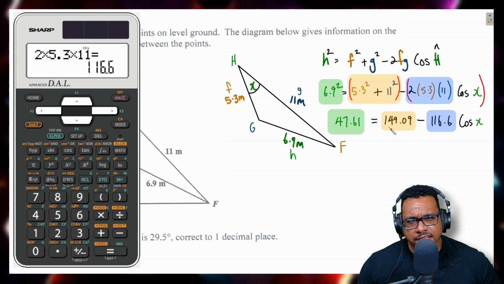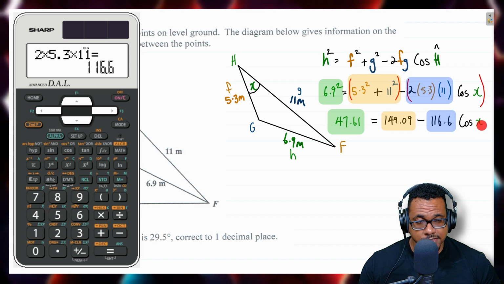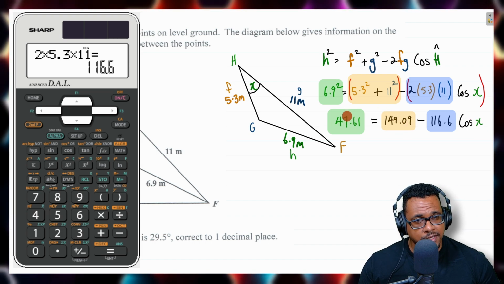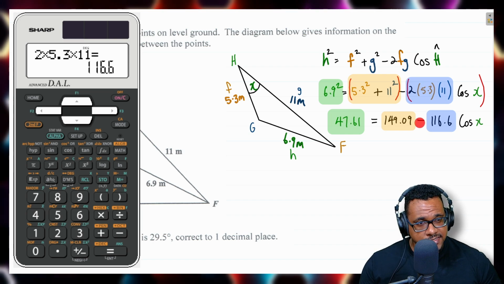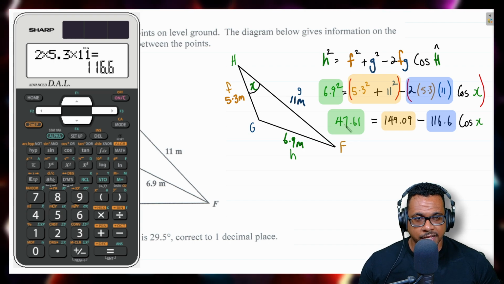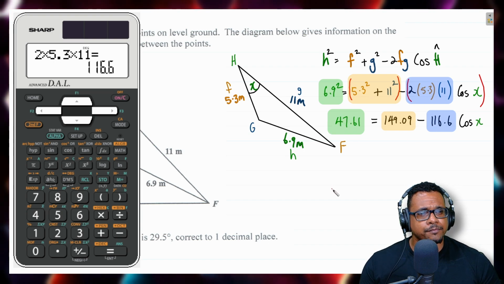So now these two terms are not like terms, so you can't subtract these two numbers because this 116.6 has been multiplied by the cosine x. So what you have to do is transfer this across. Since this is negative, I could transfer this 116.6 cosine x across the equal sign, so it'll turn positive, and then this 47.61 across here, it will turn negative.